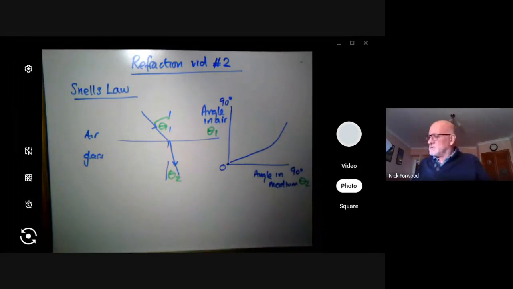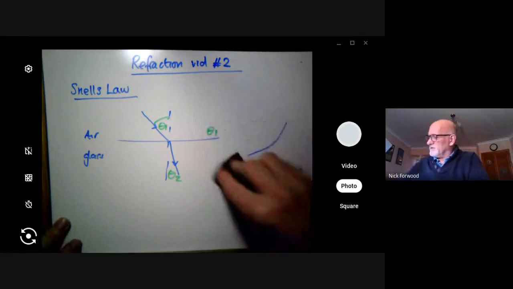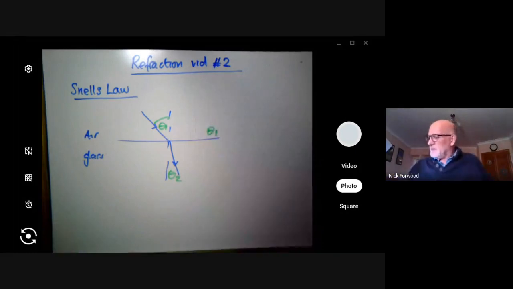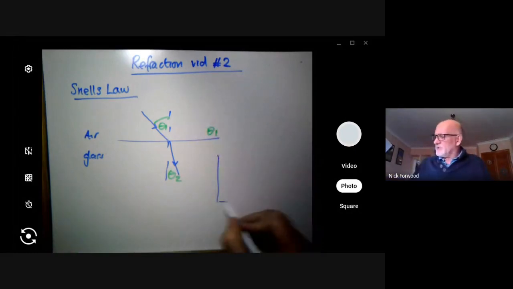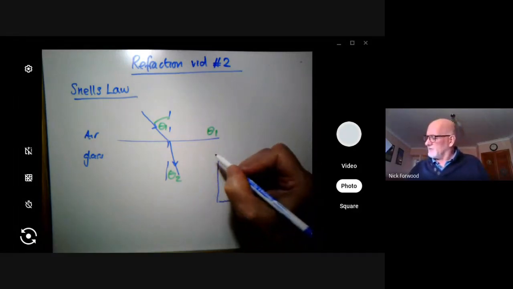So Snell messed about, and he knew it was to do with angles, and he tried a little bit of trigonometry, and he plotted a second time round. I don't think this was necessarily second time round.